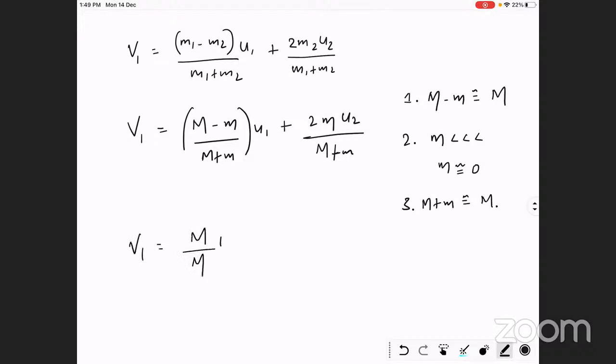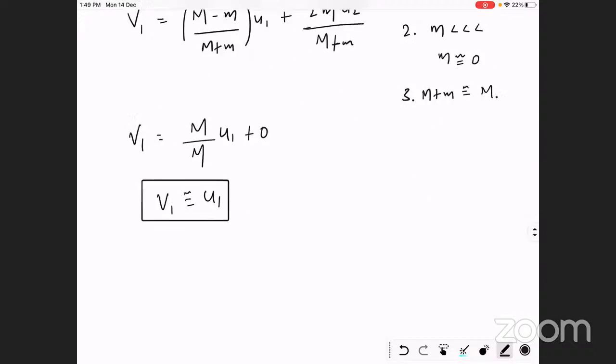Capital M upon capital M into u1 plus 0. So v1 is approximately u1. It means there will be no change in the velocity of the heavy ball. But in the exam, they will never ask velocity of heavy ball after collision, because every student knows that there will be no such change. Could you understand that? आगे बढ़े?